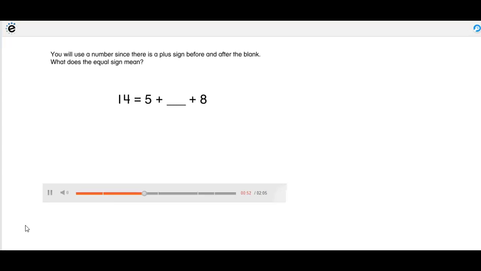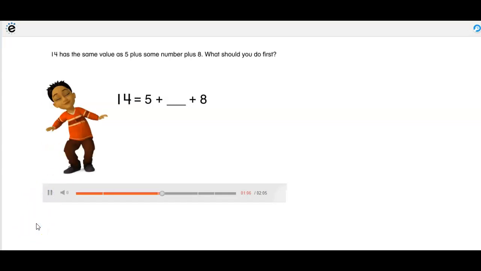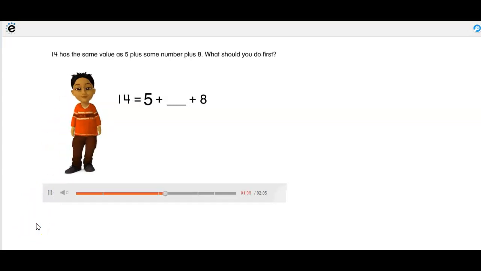What does the equal sign mean? The equal sign means the same value as. So, what has the same value in this equation? 14 has the same value as 5 plus some number plus 8. That's being precise.